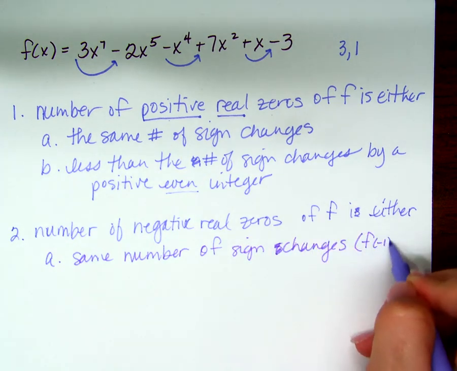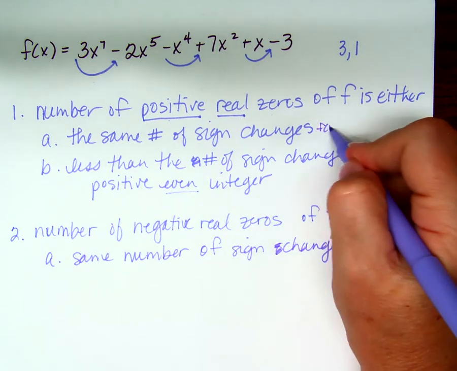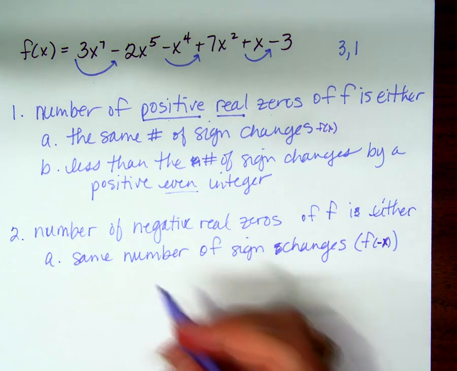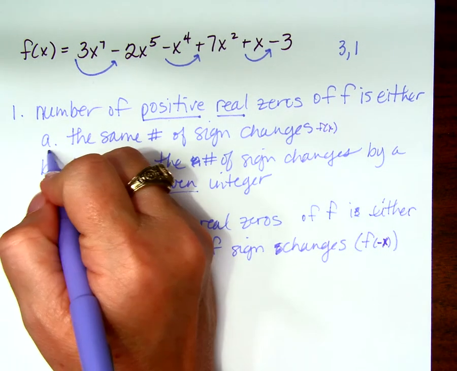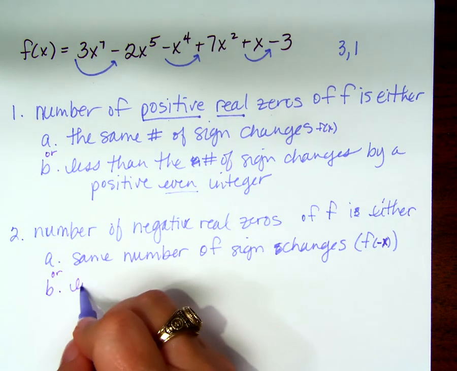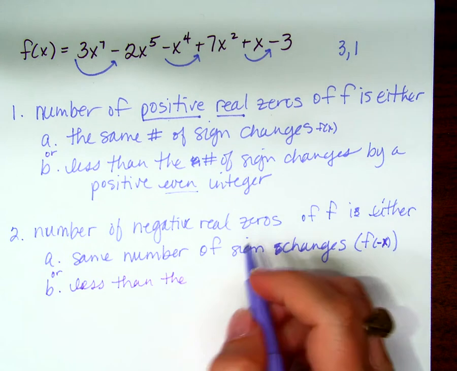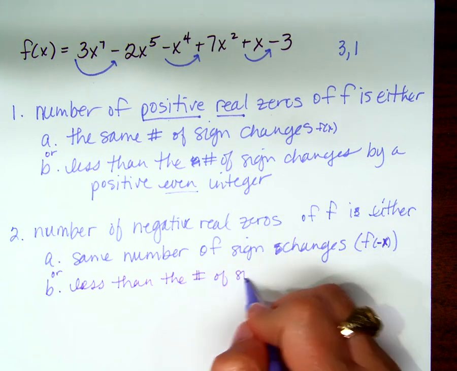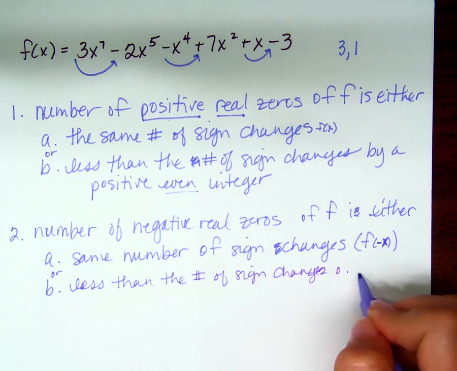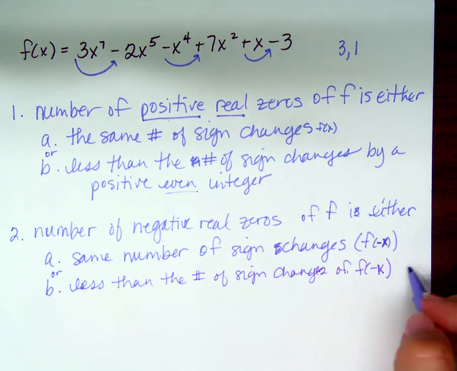It's f of negative x, and we'll talk about that in just a second. This one was just of the function f of x. This is f of negative x, or, I guess I should have put or up here, or less than the number of sign changes of f of negative x by a positive even integer.